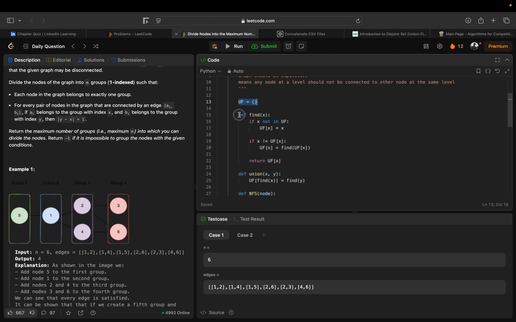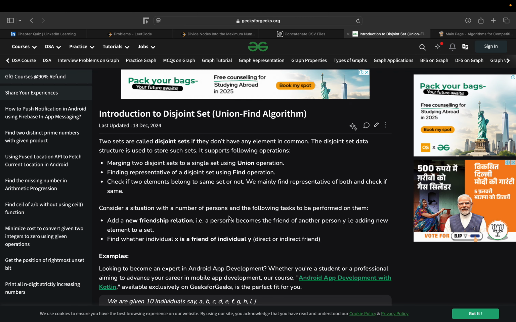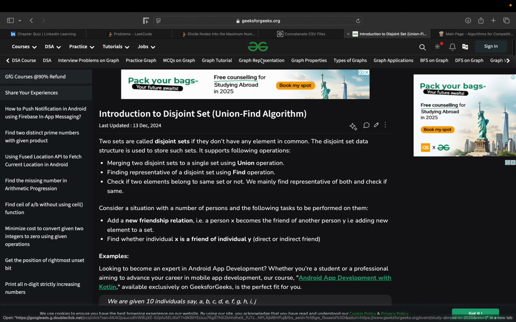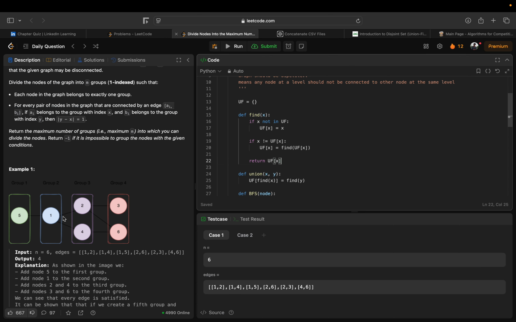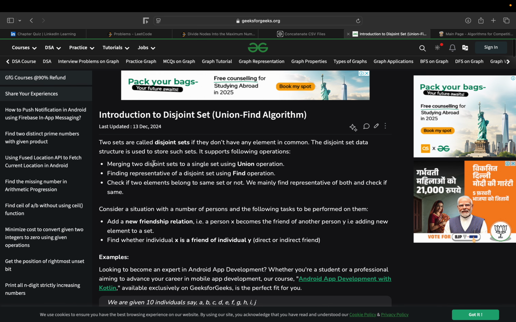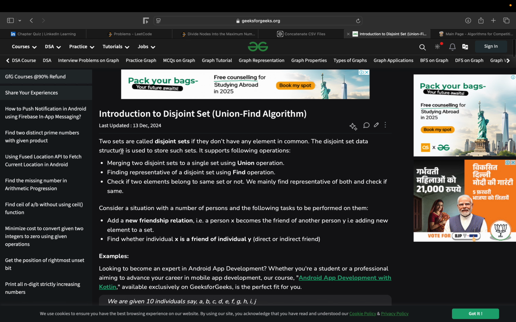Union find is used to solve problems with disjoint sets. We represent a disjoint set with a representative, which we can find using the find method.